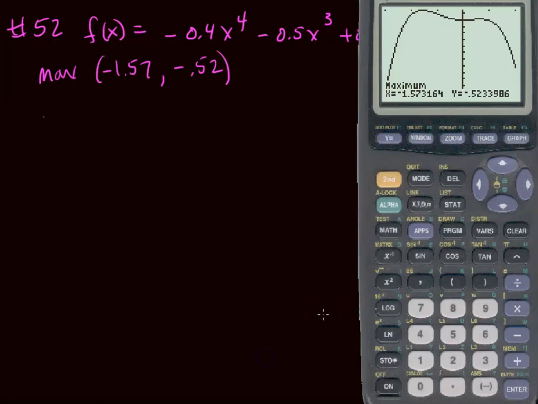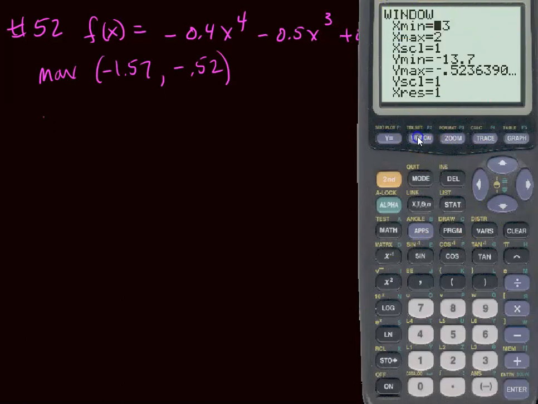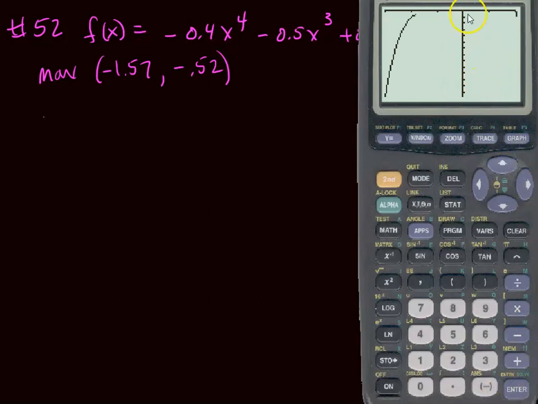Okay. Oh, it's -0.52. Because we didn't see where the x-axis was, it's up here a little bit. We might make that window a little better. For the y max, let's go to 0. And then graph it. Then we can see where the axes are. Okay, that's why.